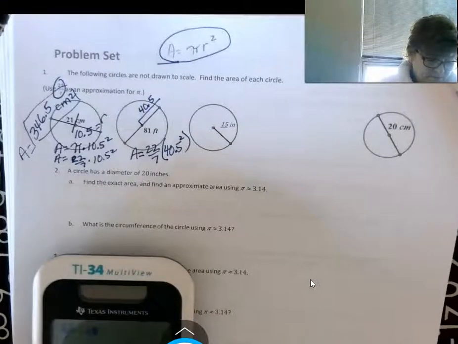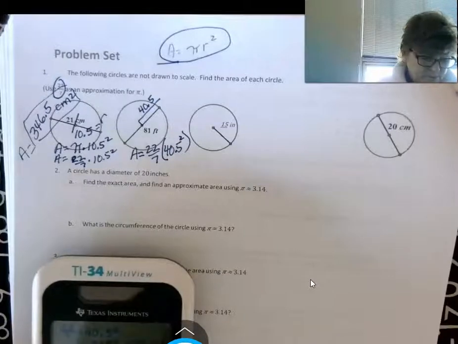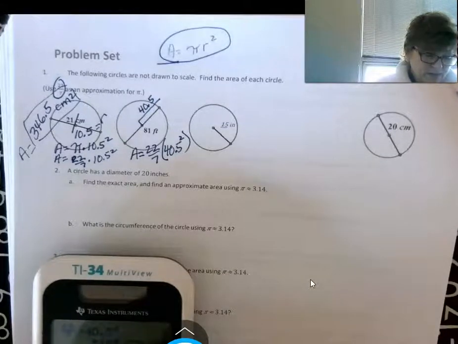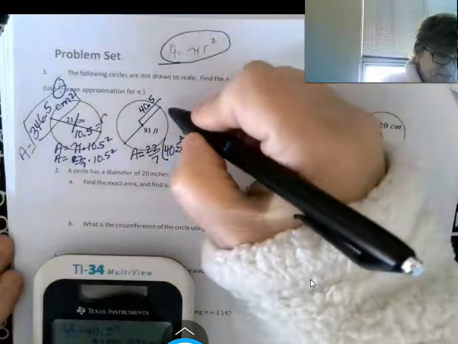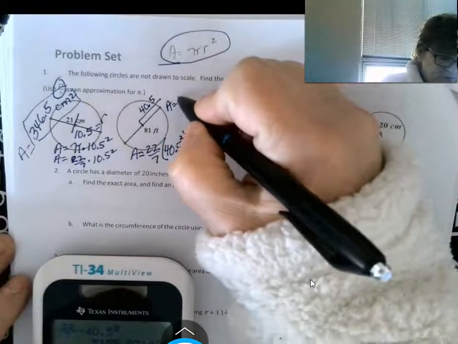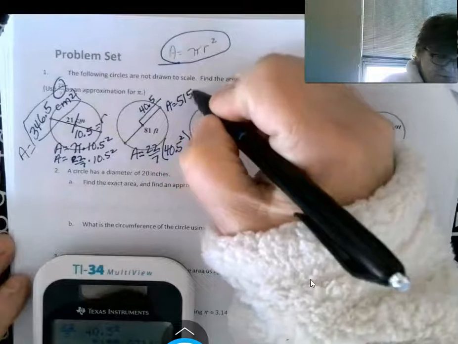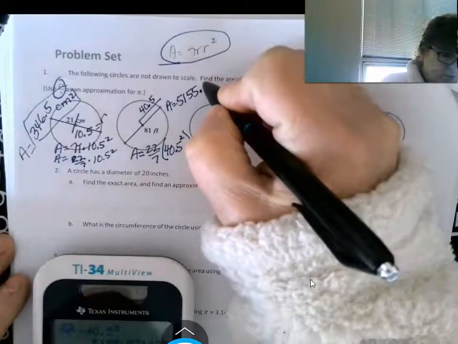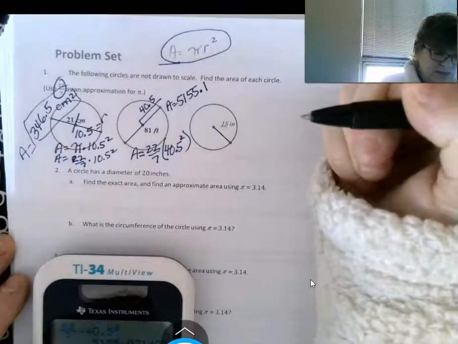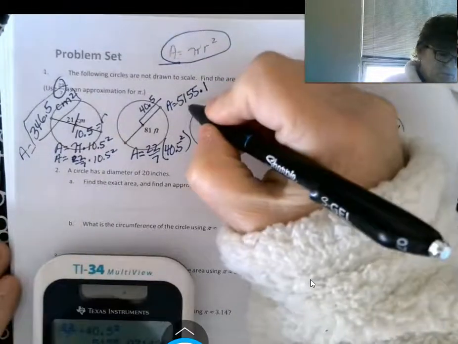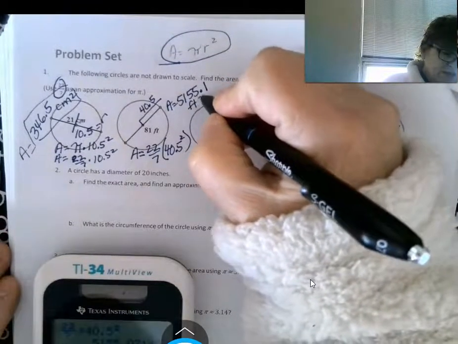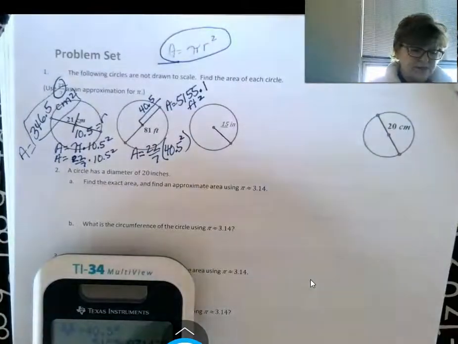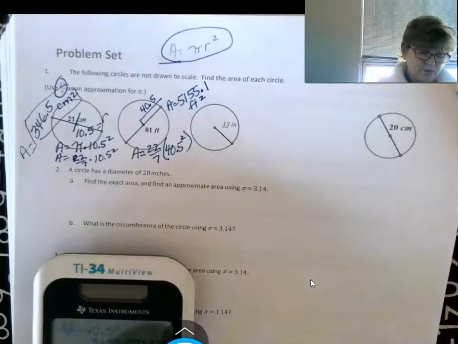And we're going to round that. So 5,155. The area is equal to 5,155, and we're rounding to the nearest tenths. And that would be feet squared. Make sure you always get that square unit when you're talking about area.